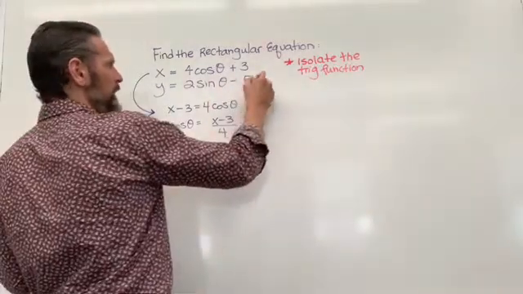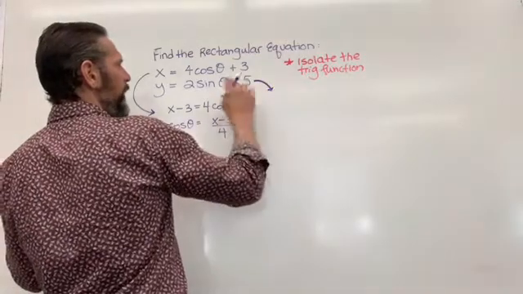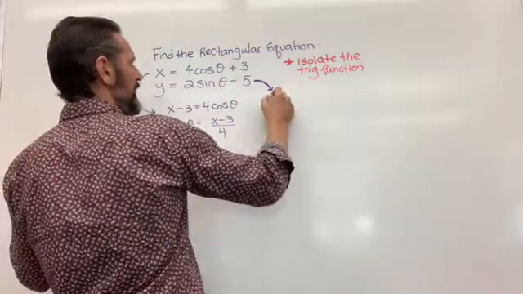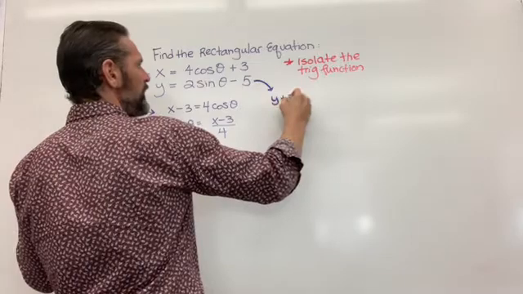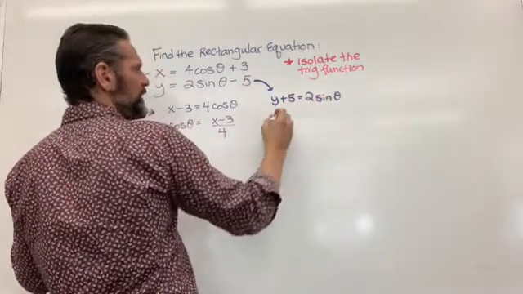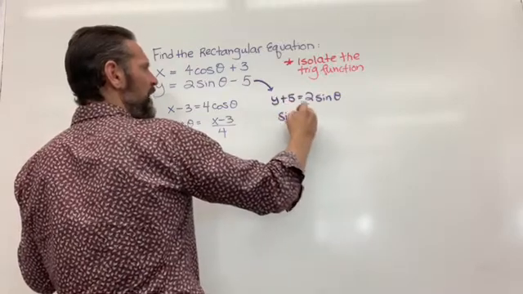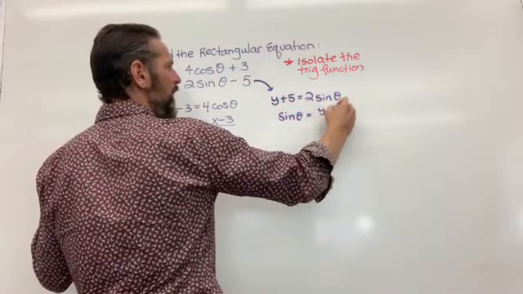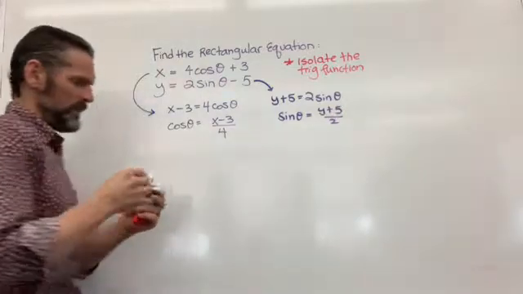Now, in this equation, if I add 5 to both sides, I get y plus 5 is equal to 2 sine theta. And if I divide both sides by 2, I get sine of theta is y plus 5 divided by 2.